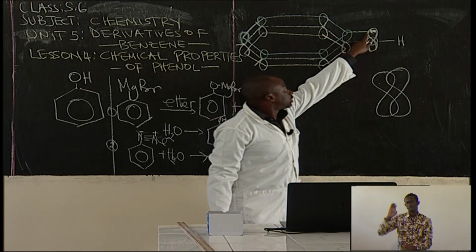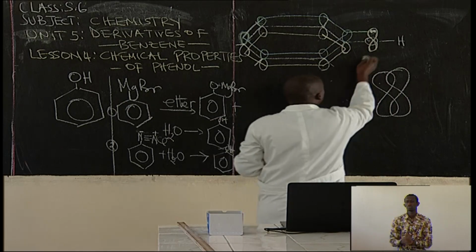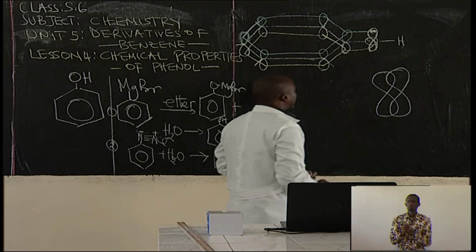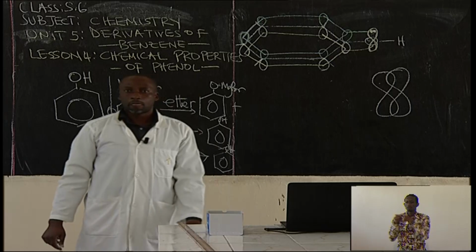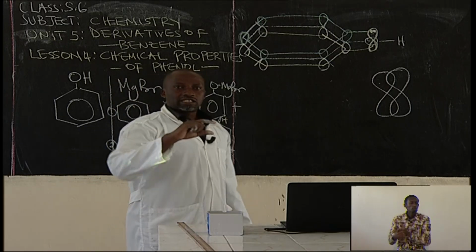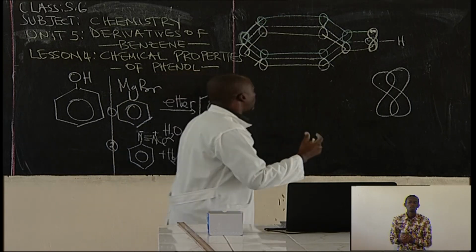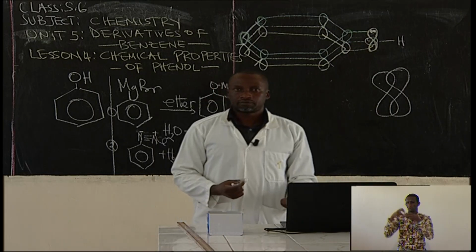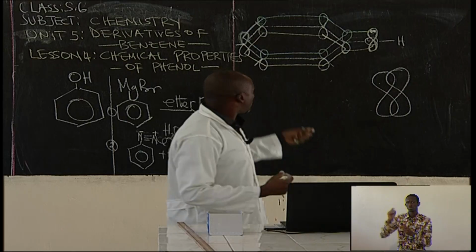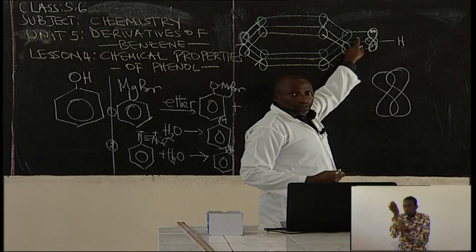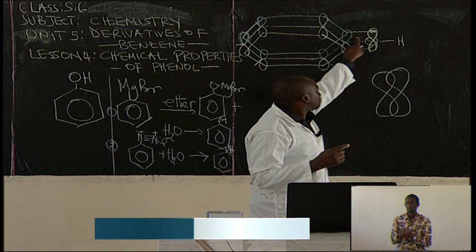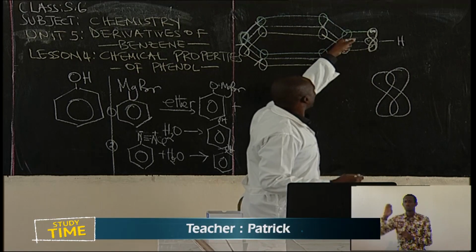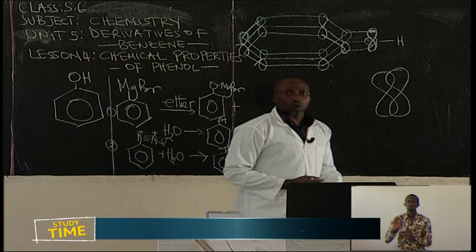If this one is overlapping, in the same way, this one also overlaps with that. And what does that mean? There is like a pi bond that is formed within here. Because of these electrons entering into the ring, it forms like a pi bond.